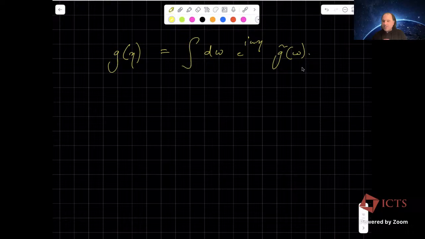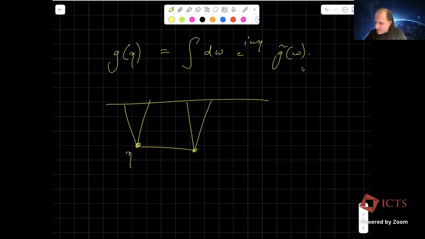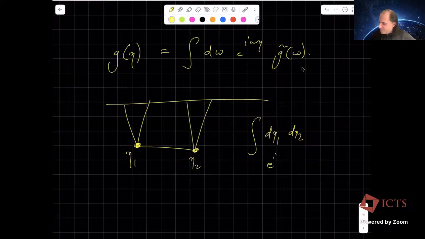And you see, if we go back to our 4-point problem, so if I have some eta 1 and eta 2 here, then each one of these vertices now, we have an integral d eta 1, d eta 2. We have, for example, this e to the I k1 plus k2 on the left, eta 1, and the same thing on the right.